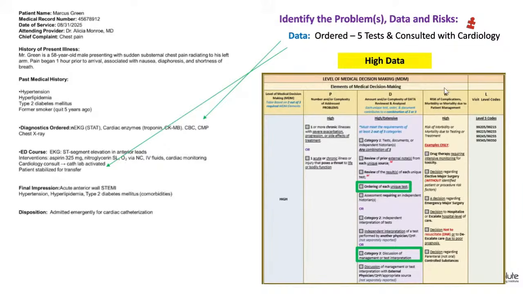Now we're going to assess the risk of complication, and then they give us some examples, right? Anybody want to guess what the risk of morbidity is, the risk of complications due to treatment?